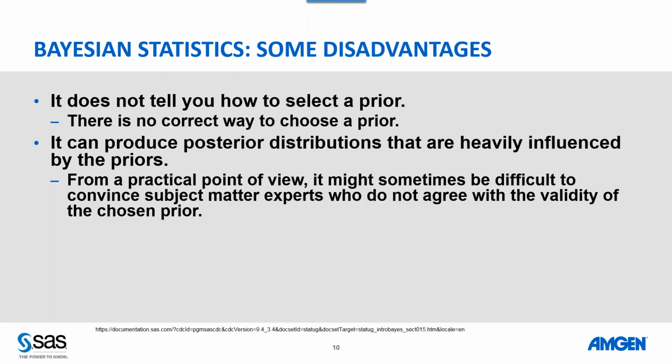If you submit a product, your prior is that it's going to work, or you can be somewhat skeptical that it's not going to work, but mostly the prior reflects the belief that it's going to work. But from an FDA perspective, most submissions probably don't work that well, so their prior is much more skeptical. How to bridge the two gaps is one of the big issues I think they need to address.